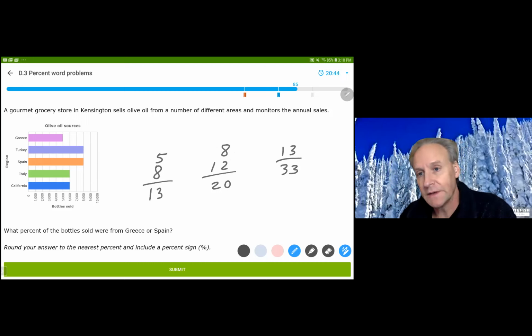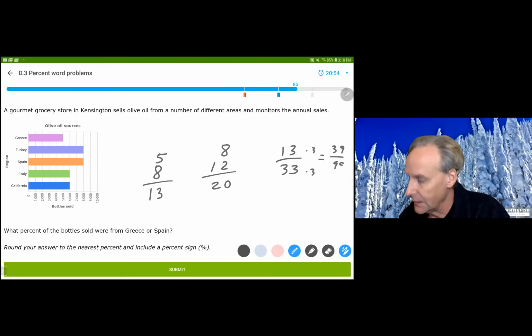I can tell you already that it's really close to 39, because if I multiply this by 3 and 3, I'm going to get 39 out of 99. And that happens to be 0.3939393939. If I were to write this as a decimal, it's any number that's over nines, like 99, or any number over 9 repeats.